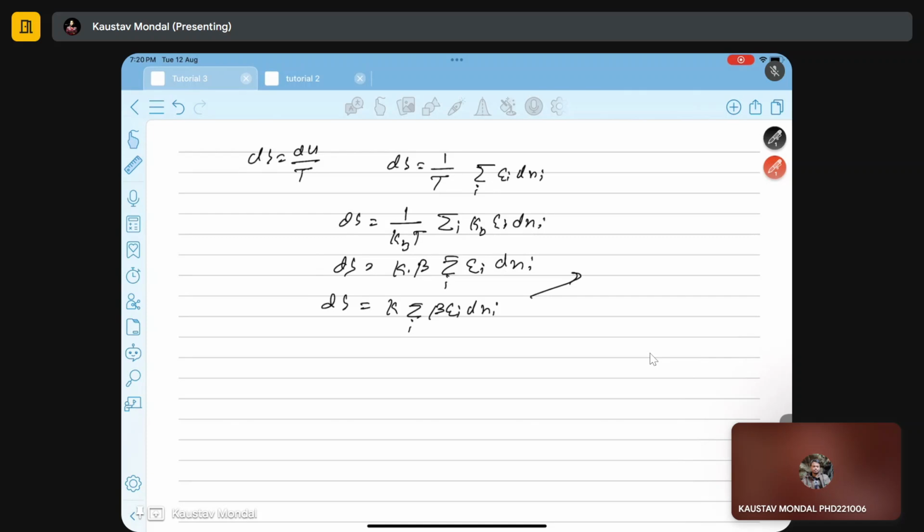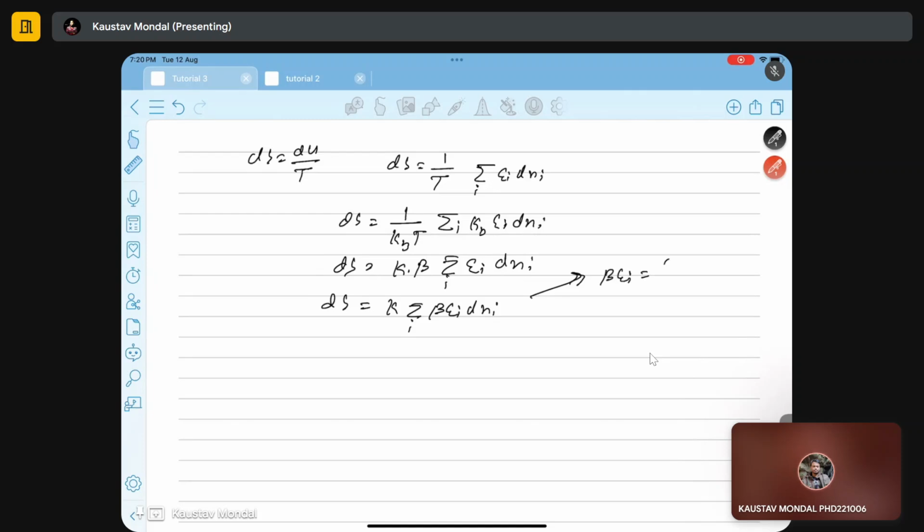There we encountered the Lagrange undetermined multiplier method. Using that method, we calculated the maximum of a distribution, which appears to be a Boltzmann distribution.